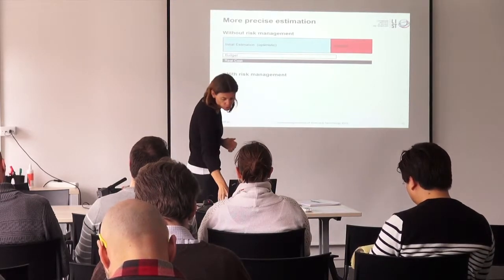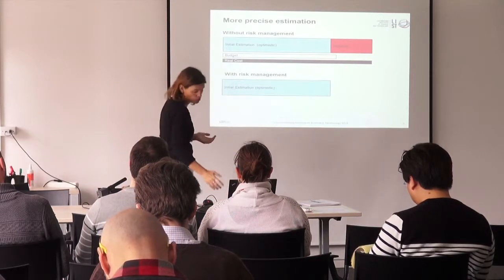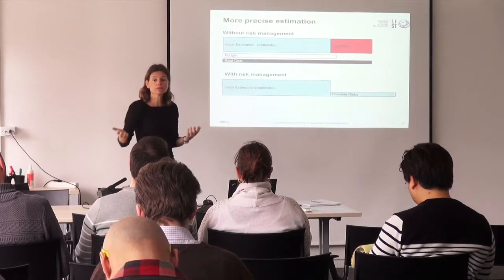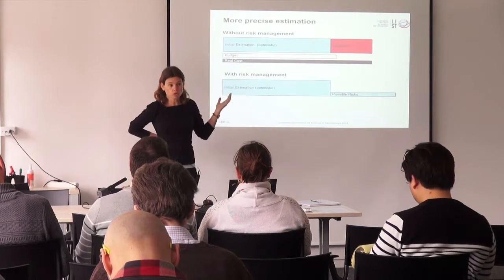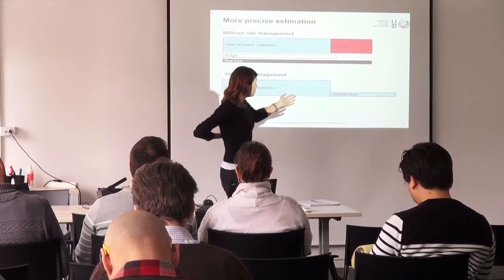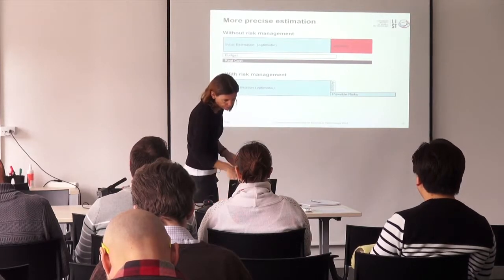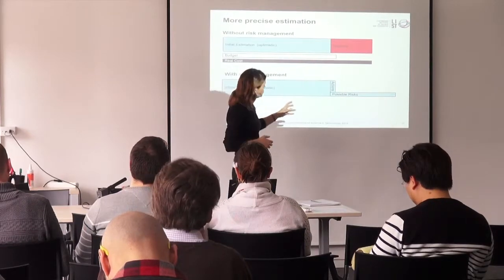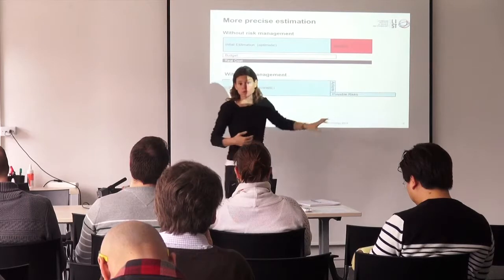With risk management, you have your initial estimation, it's the same. And then all the possible risks that you try to identify, and you try to estimate how much they could cost. So the impact of these risks. And then with risk management, you will try to put in place some actions.